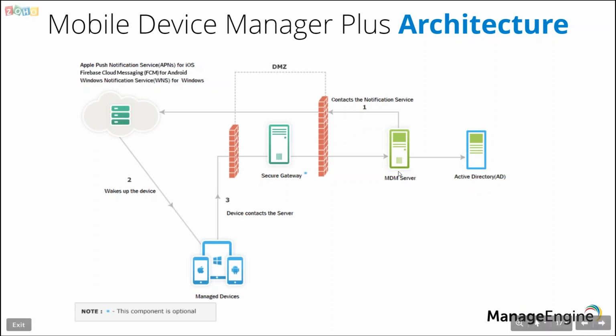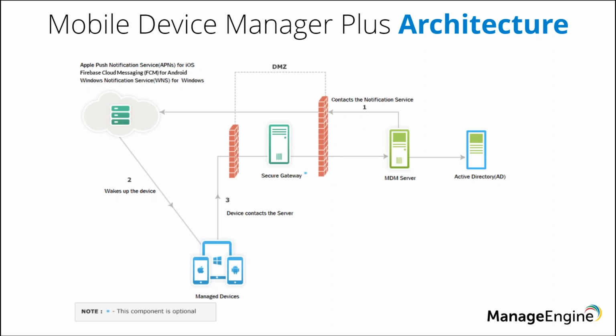So all of your mobile devices now are on the go. Now, I don't find a lot of customers who would like to have all their mobile devices within one network. So in such a scenario, your mobile device server has to be exposed to the internet. That's why we have the cloud service. And for our on-premise users, instead of exposing the entire Mobile Device Manager Plus server to the internet, we can offer an additional security component called the secure gateway.